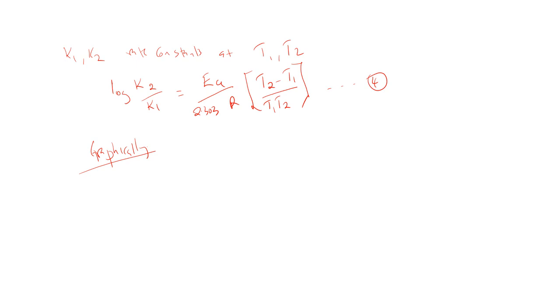We can rearrange this so that we have ln k is equal to minus Ea over R in bracket 1 over T, the same as Ea over RT, plus natural log of A. So this is y equals mx plus b.